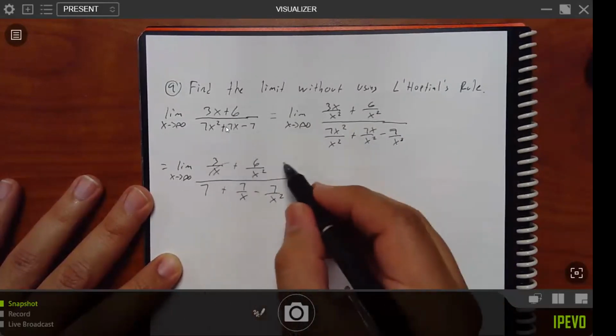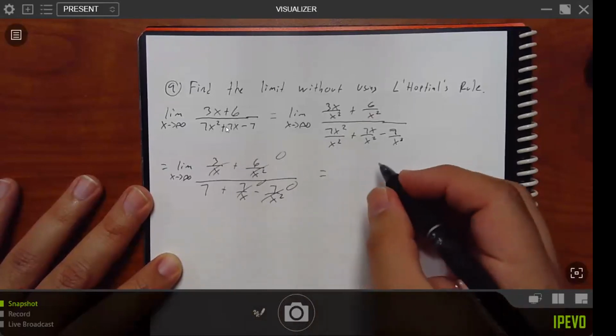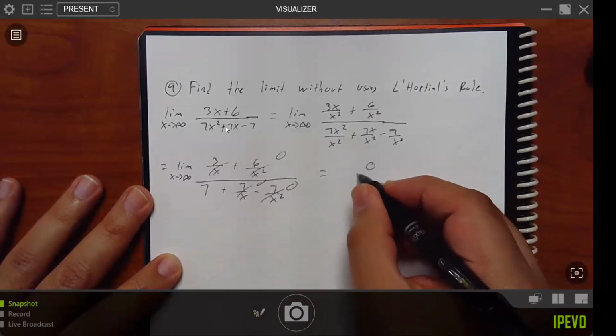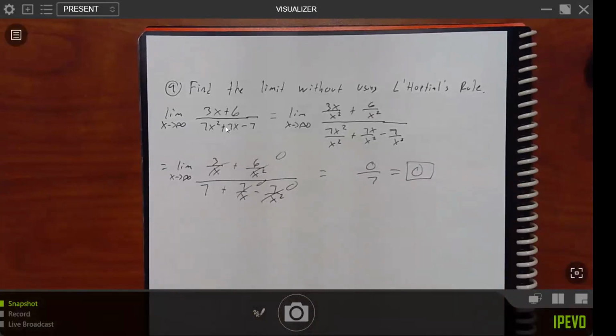So all of these go to 0, leaving me with 0 over 7, which is 0. That was the technique we did back at the beginning of the chapter, sometime in chapter 2, I think.